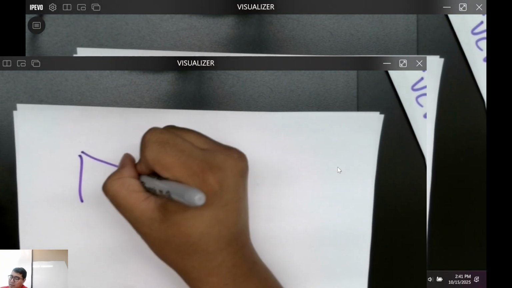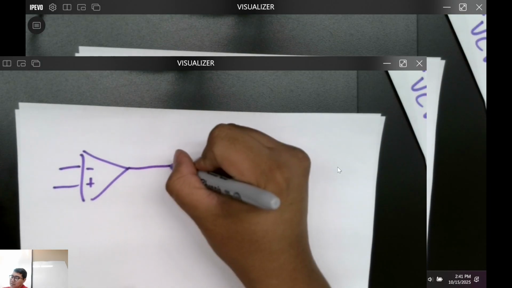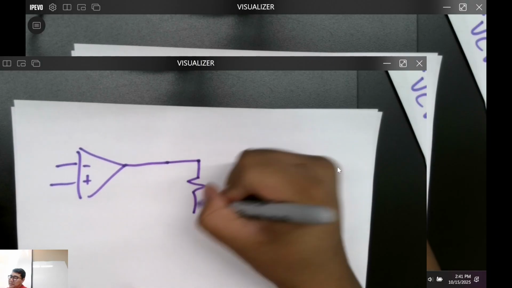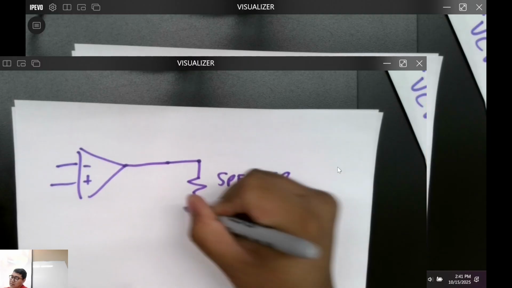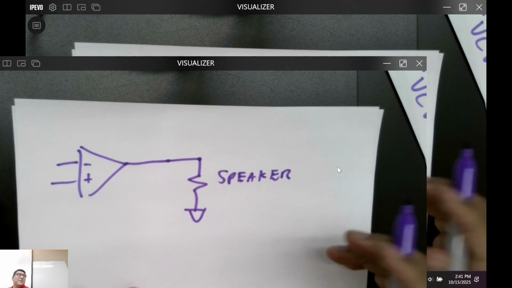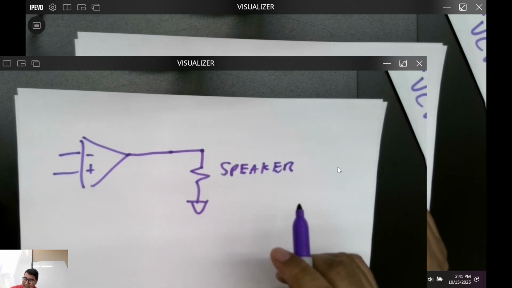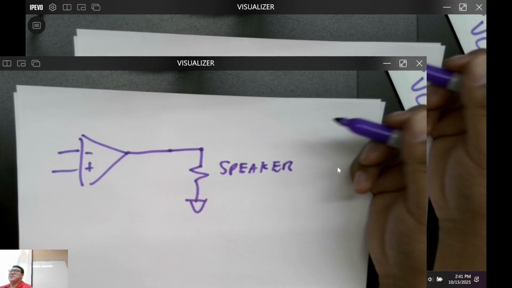So let's just say, here's my op amp, plus minus, and I'm trying to drive some speaker. I'm just doing something simple. Your speaker is driving some current.